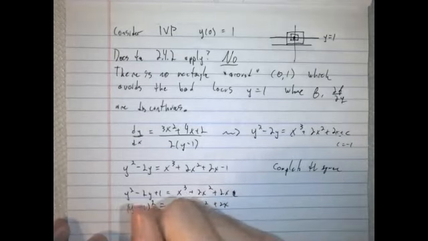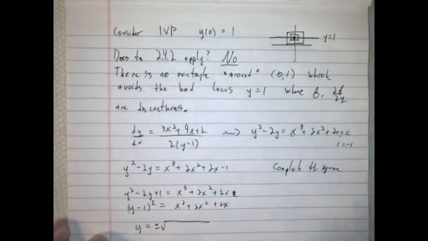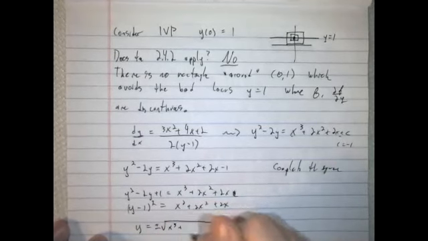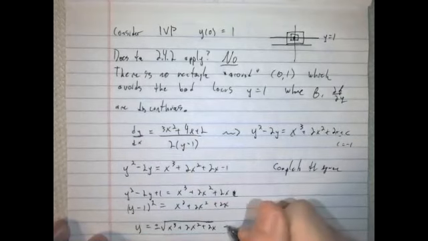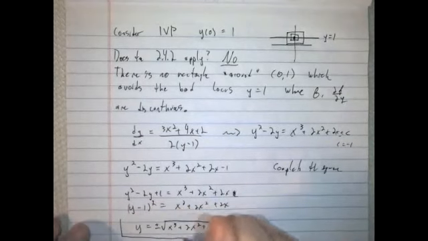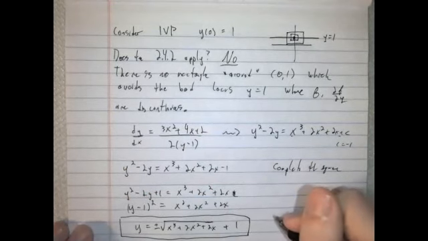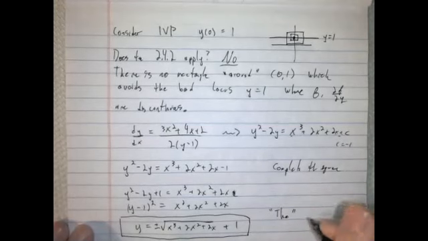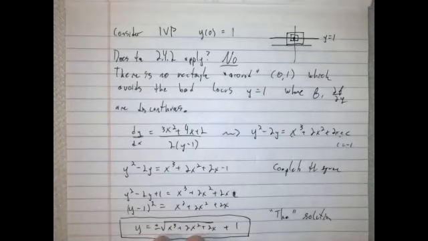And then I can now solve y is equal to plus or minus the square root of x cubed plus 2x squared plus 2x plus 1. Okay, so this is kind of the solution. But it's not just one solution, right? It's actually two solutions, depending on whether I take the positive or negative branch of this square root.